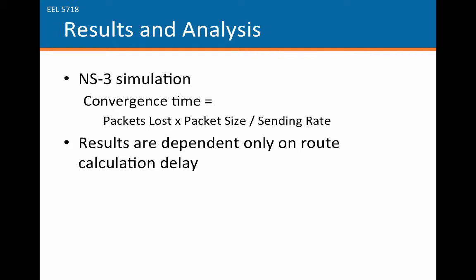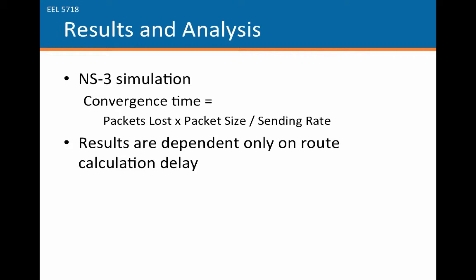And what we found out, I think Kevin probably showed it, is that the results depend only on the route calculation delay. And we don't have the exact numbers from the paper because it's not very clear, but it's clear that when we increase the route calculation delay, the number of packets lost increases when a link goes down.